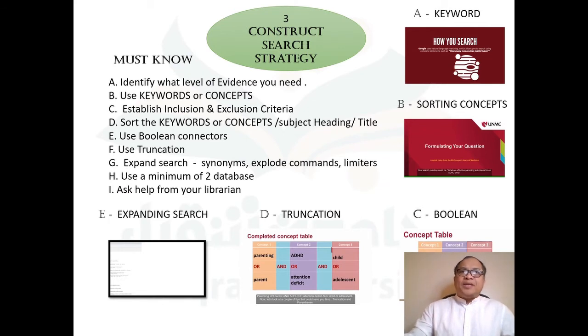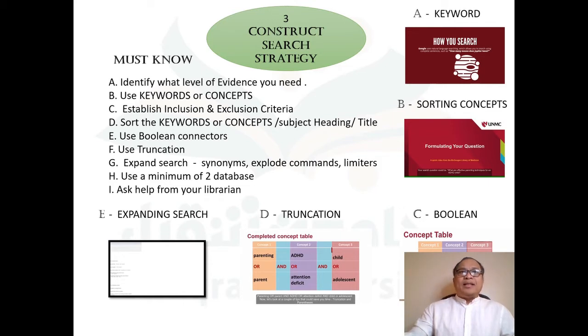At the last part, you may notice that there are words or concepts that are being connected by OR, and in the middle part, the AND is being placed between two concepts that have synonyms down below. And this is the role of connectors.